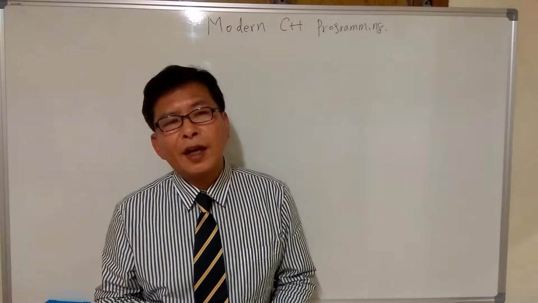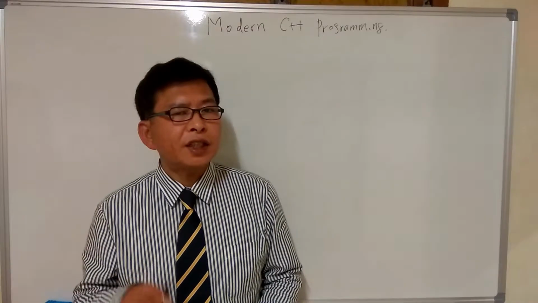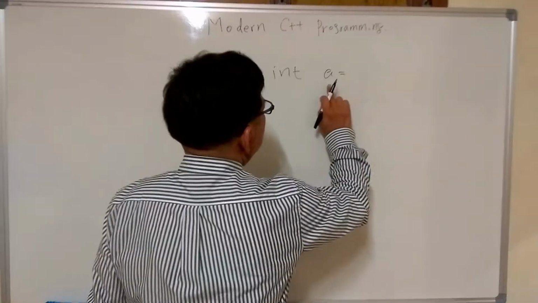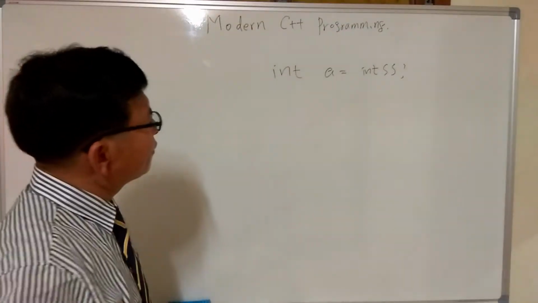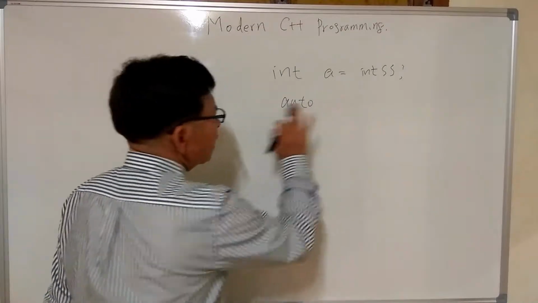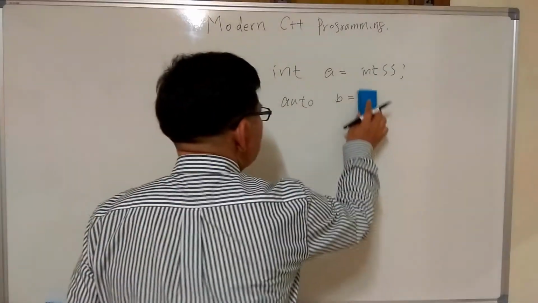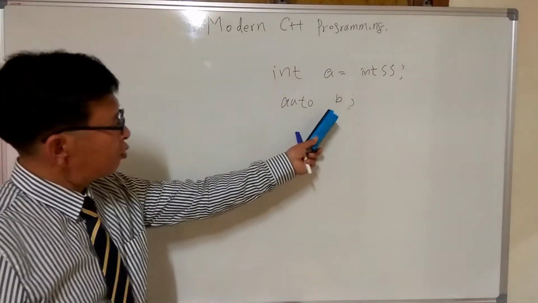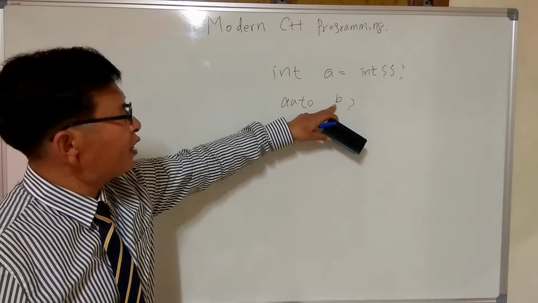When we declare a variable using the keyword auto, we always have to specify an initializer. For example, int a initialized with 0. If we want to declare a new variable, for example b, and we do not initialize b, then the type of b cannot be deduced.